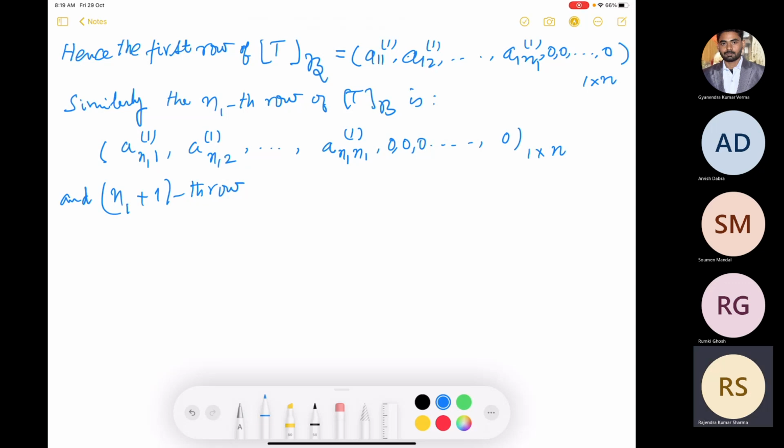So the n1 plus 1th vector in the basis B is actually the first basis vector of V2. Therefore the first n1 entries will be 0, n1 in number.